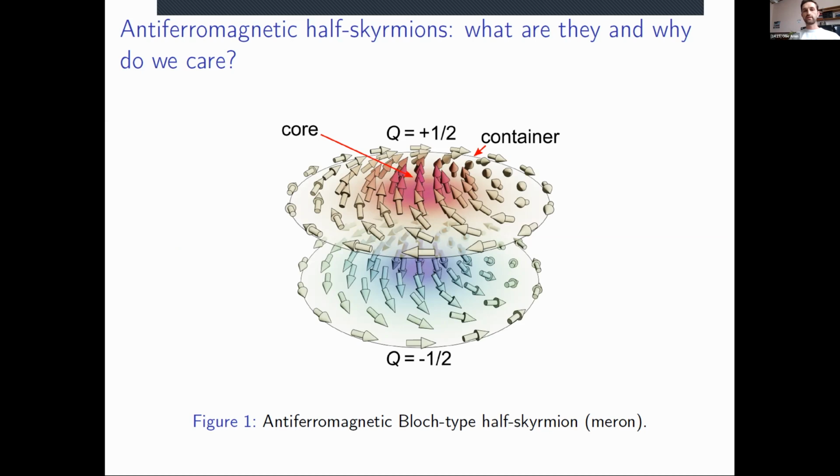If we consider just the top sublattice, the spins in this case can resemble the half-skyrmion in a ferromagnet, where the spins at the core of the structure point out of plane, and as we move in the radial direction to what's called the container far away from the core, the spins align in the plane of the material. The topological charge for that type of structure is a half, which is where the name half-skyrmion comes from.